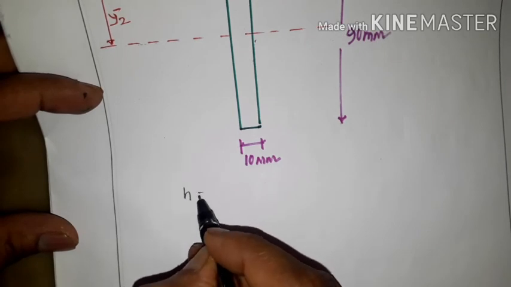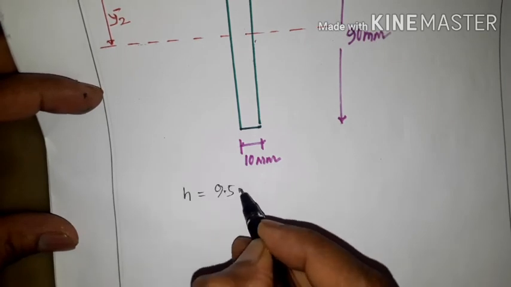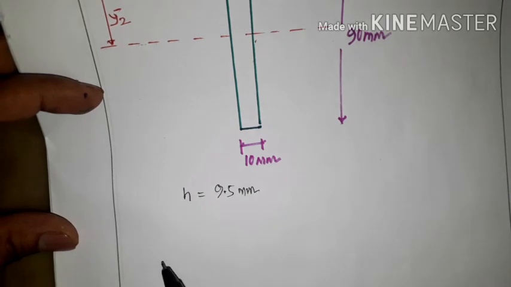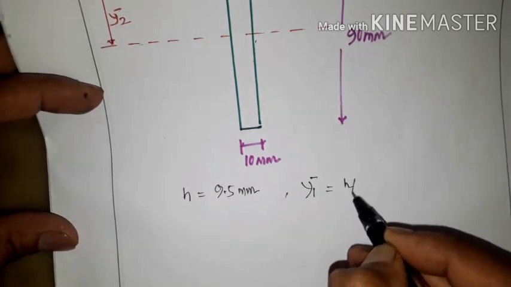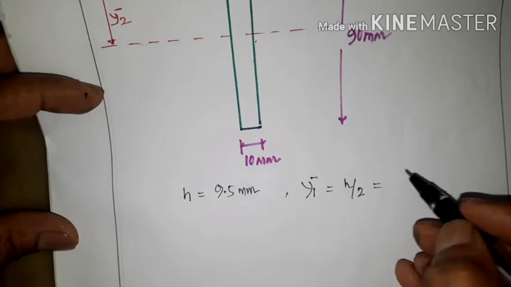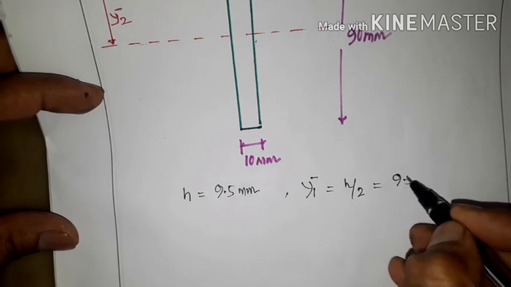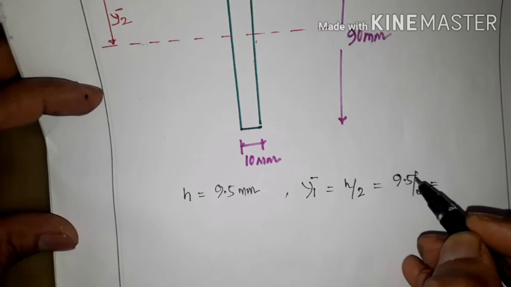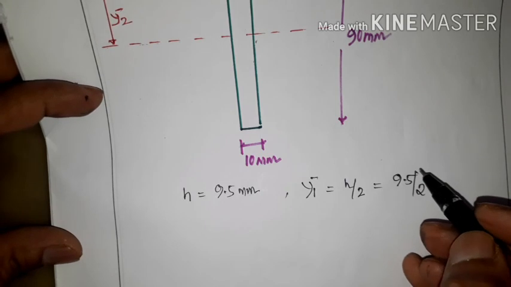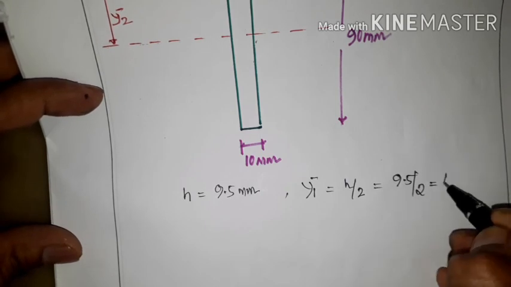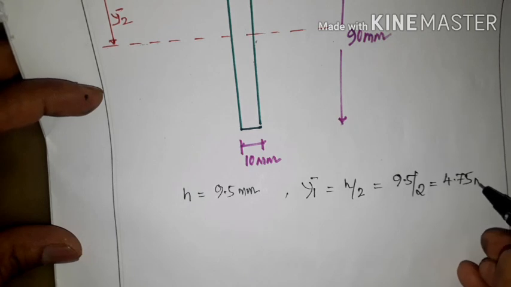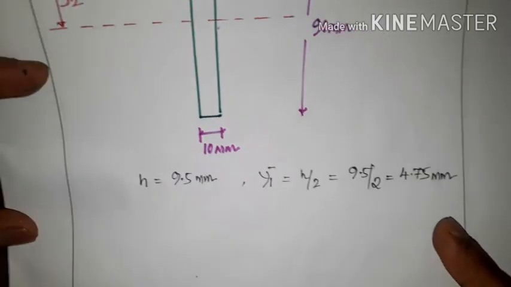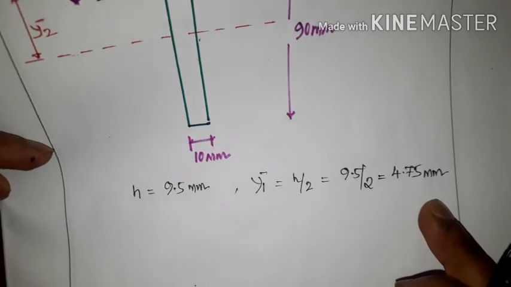As we know, h we have got as 9.5 mm. Therefore y1 bar is equal to directly h by 2, because it's a rectangular shape. So 9.5 divided by 2, and we get y1 bar as 4.75 mm.